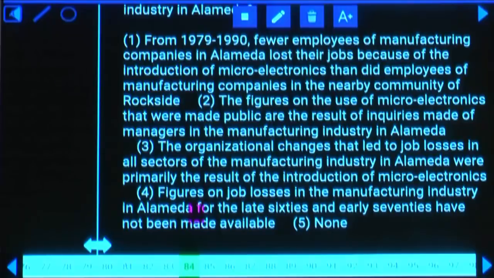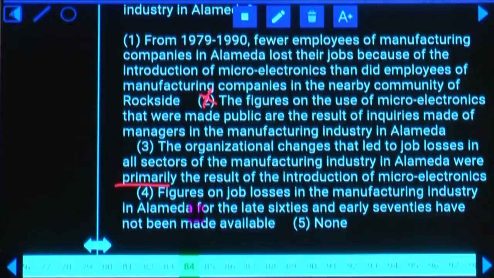Then second, the figures on the use of microelectronics that were made public are the result of enquiries made of the managers. Now here it is nowhere related to the above thing at all. And third one, the organizational changes that led to job losses in all sectors of the manufacturing industry in Almada were primarily the result of the introduction of microelectronics.